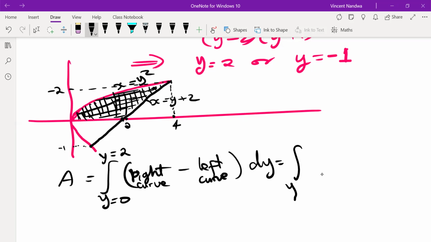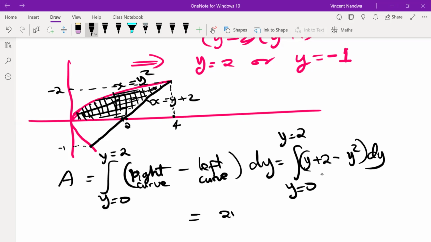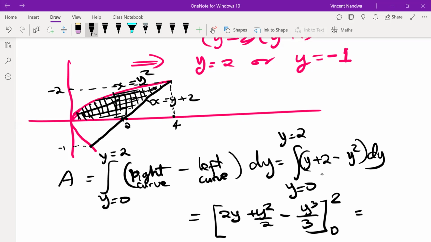Right curve is y plus 2. Left curve is y squared. Then dy. So I'll have 2y plus y squared over 2 minus y cubed over 3, then from 0 to 2. When you supply the lower and upper limit, your answer should simplify to 10 over 3.